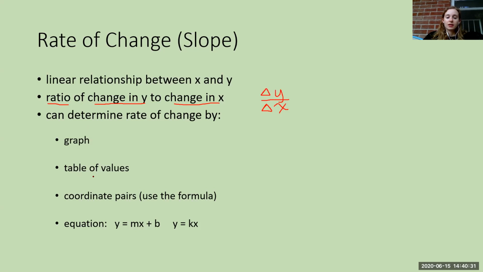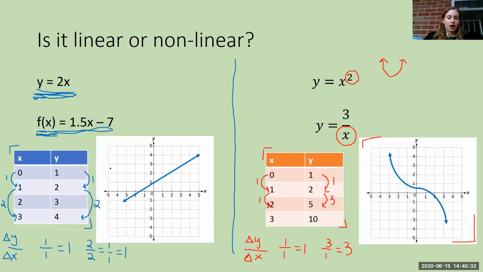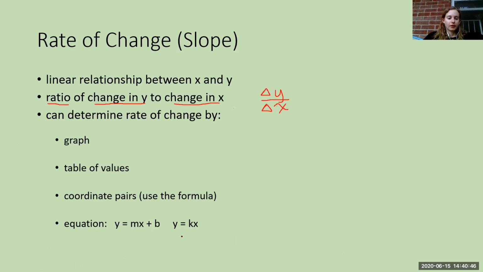We can do it by looking at a table of values. We actually did that on the last slide with the blue table. We determined that the rate of change, that the slope for this relationship, was 1, or 1 to 1.